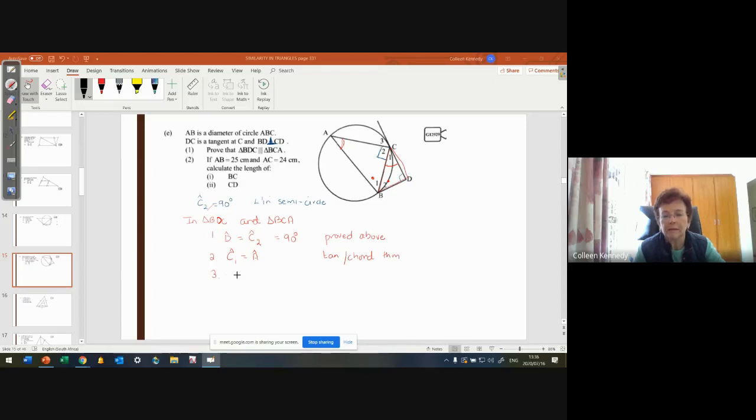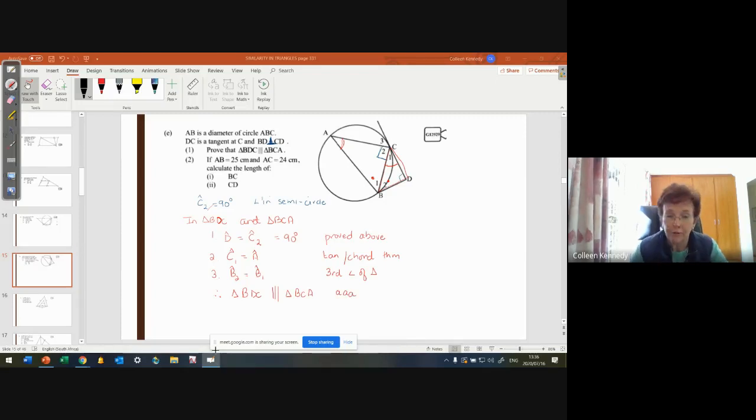And three, what's left over, B2 is going to equal B1, reason: third angle of triangle. So therefore triangle BDC is similar to triangle BCA. Angle, angle, angle.